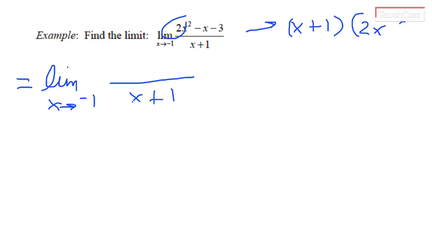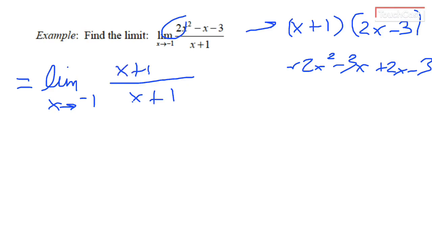This is going to have to be the number 3, and it's going to have to be subtraction. So then I would confirm x times 2x makes 2x squared minus 3x plus 2x minus 3. And I've confirmed for myself that that does multiply back out. So this is a correct factorization, x plus 1, 2x minus 3.